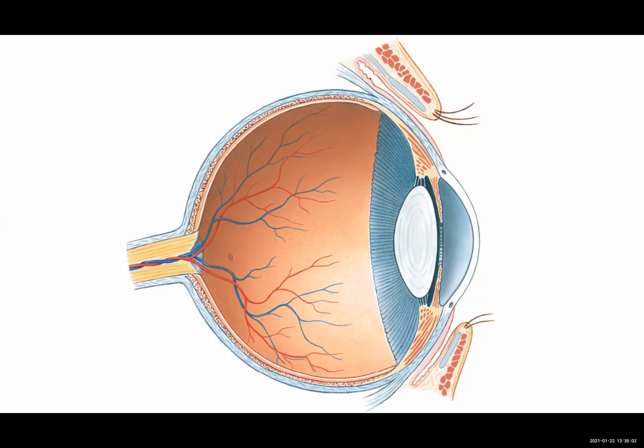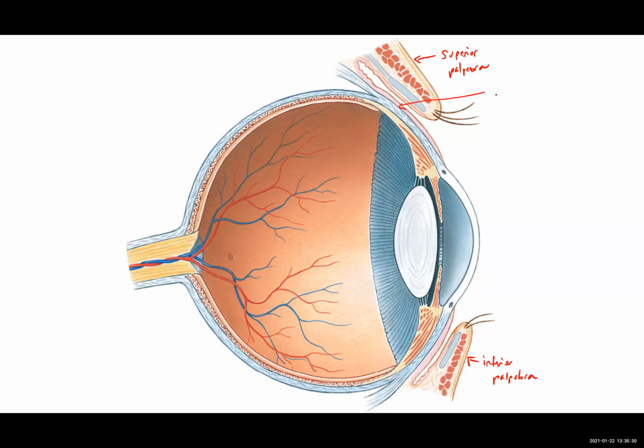This next diagram that we can take a look at shows us quite a lot. So we can see those eyelashes and the superior palpebra and the inferior palpebra. We can see the tissue that's lining the inside of the eyelid there.